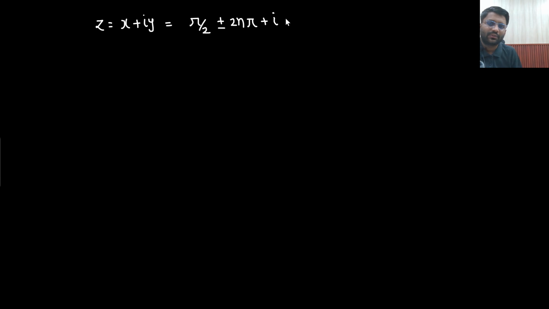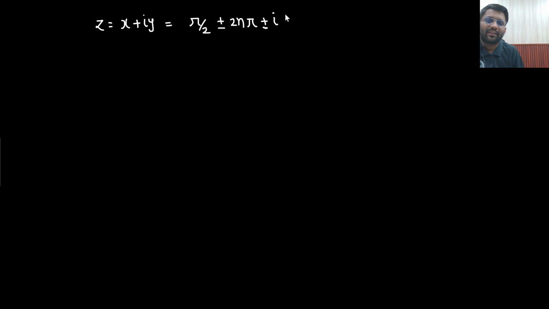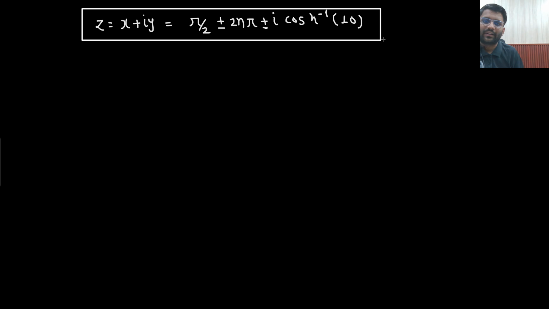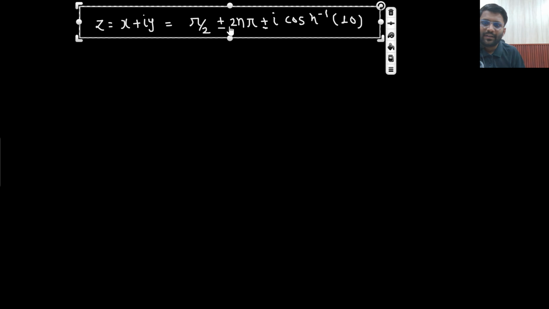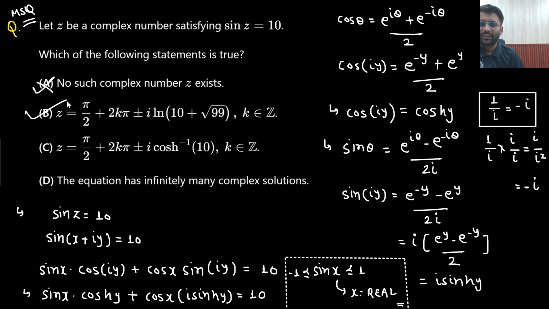So this plus minus sign I will put here, and cos hyperbolic inverse tan. This is the answer that we are getting. Okay, so what is the answer? Answer is option B we are getting. Sorry, option C we are getting.